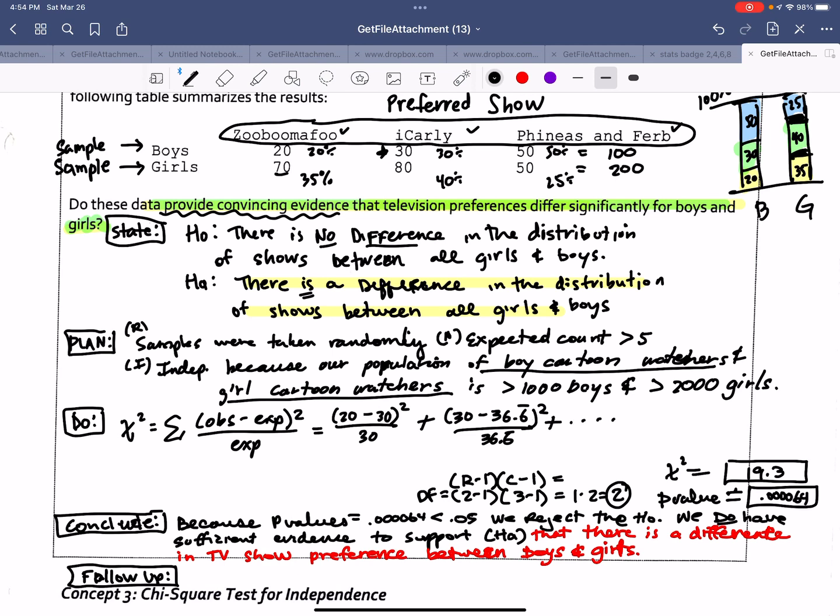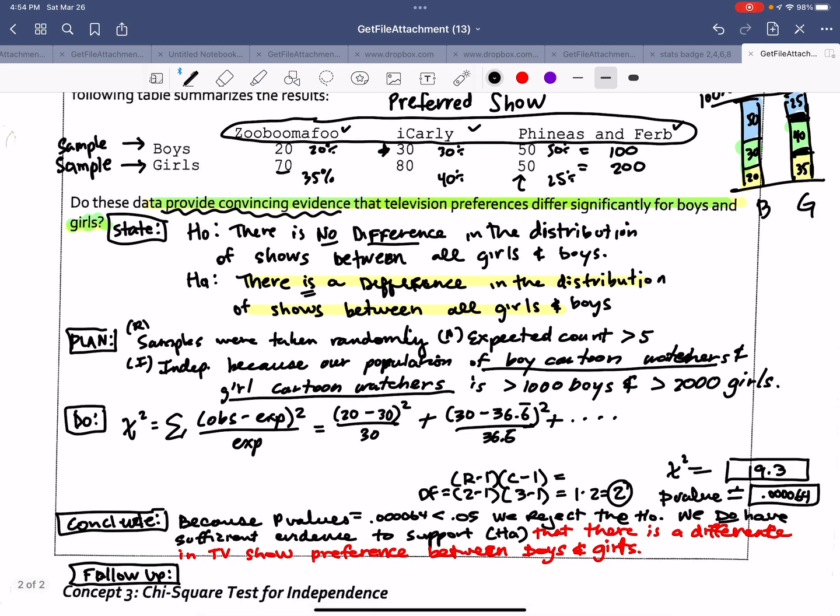All right, dot, dot, dot. Our last one, so there should be 6 of these added up. The last one, we observed 50. We expected 66.6 repeating. Squared over expected. And all this added up to that 19.3.